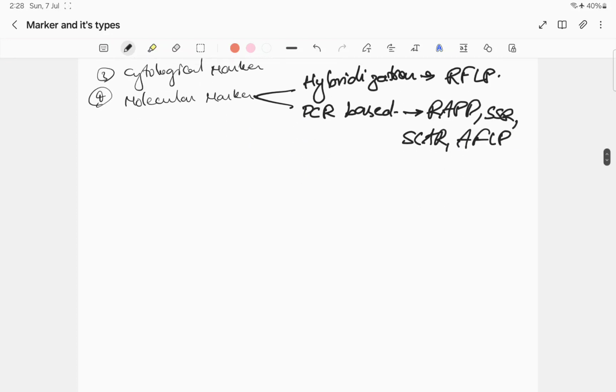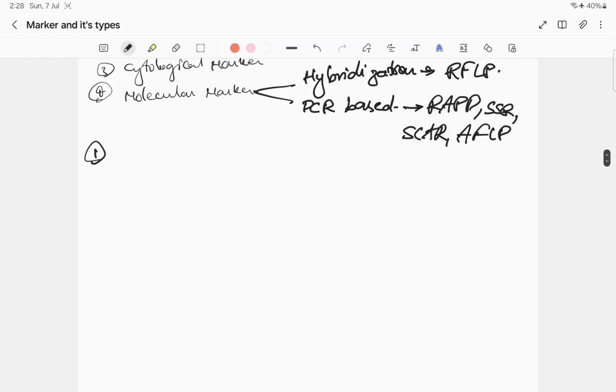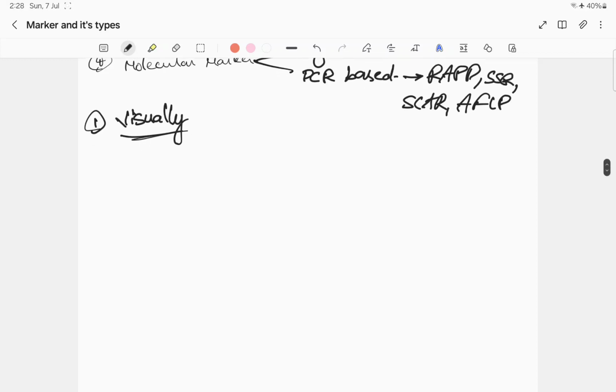First, here comes the morphological marker. The morphological marker is anything that we visually observe. If we visually observe anything, then that is said to be the morphological marker.